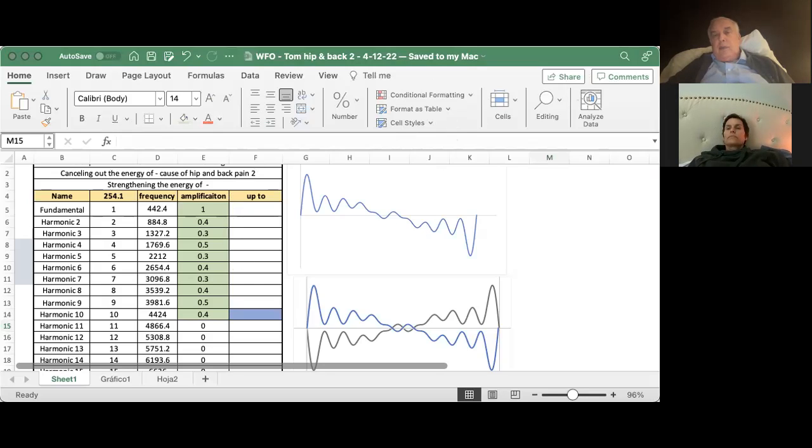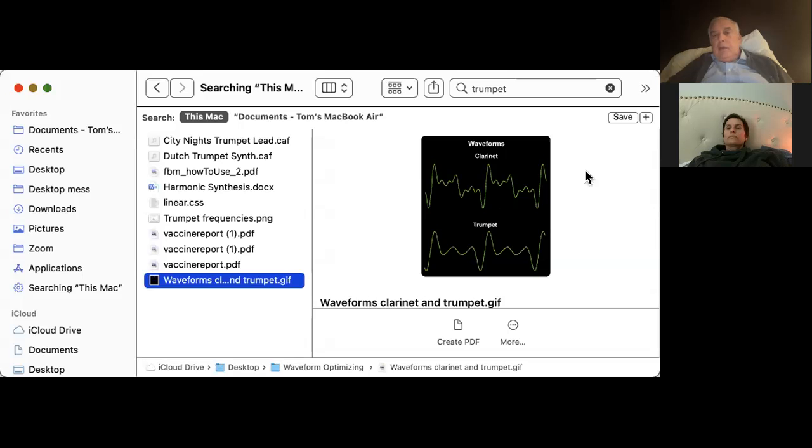Okay, so for example, let me show you this. If we look over on the right here, it says clarinet up here and trumpet here. You'll notice that the starting and ending points are the same in both cases, and they're more or less the same shape, but they're also actually quite different.